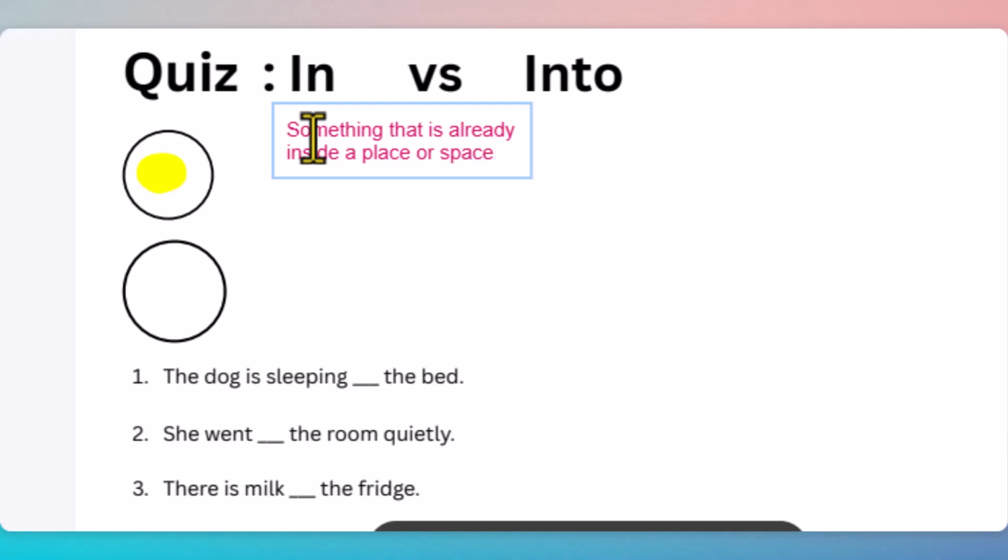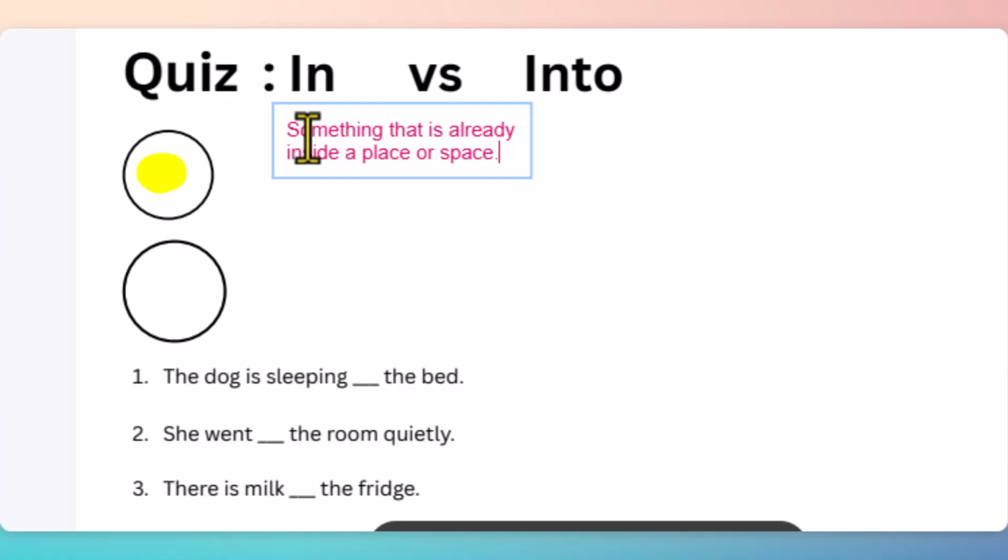For example, when we say the books are in the backpack, that tells us that the books are already inside the backpack. They're in the backpack. Example number 2, she is sitting in the car. So she is inside the car.